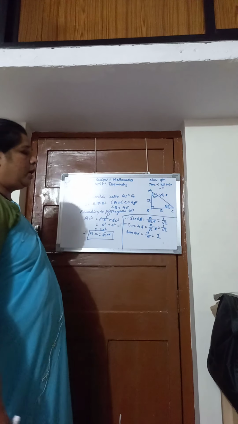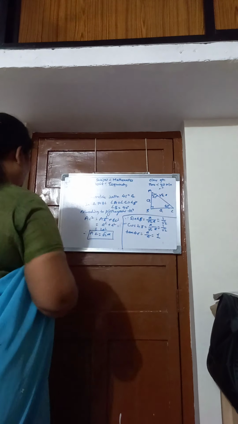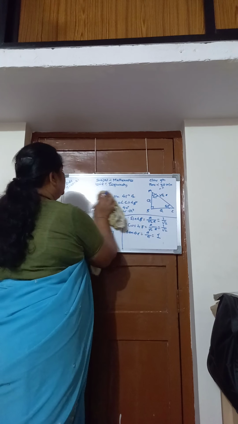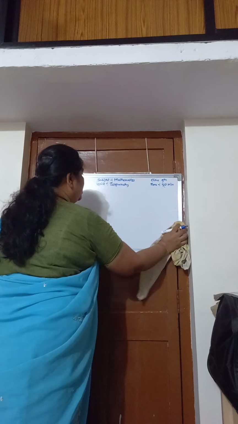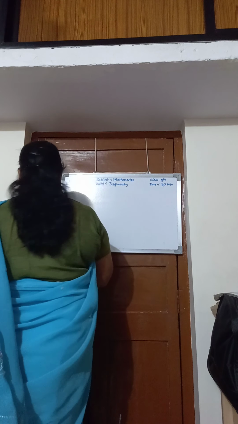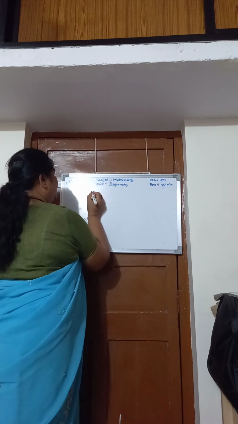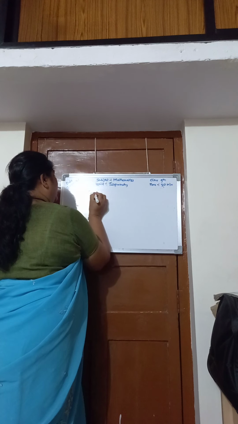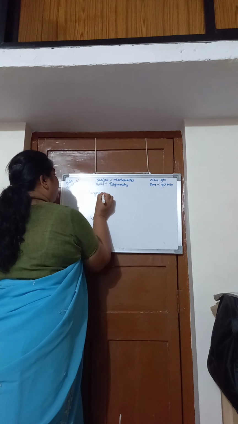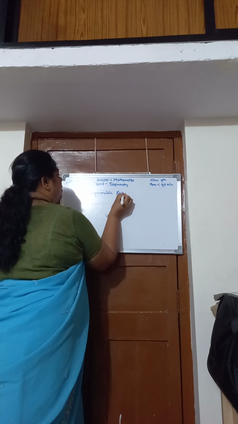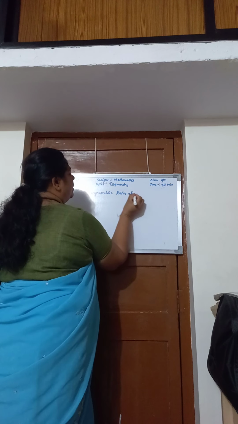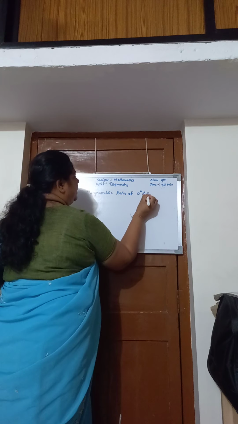Okay. Now we have to see the trigonometric ratio of 0 degree and 90 degree.